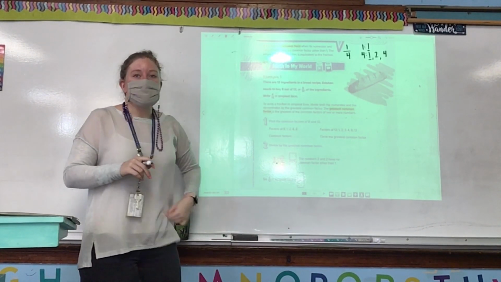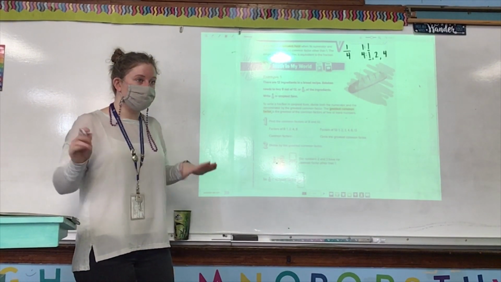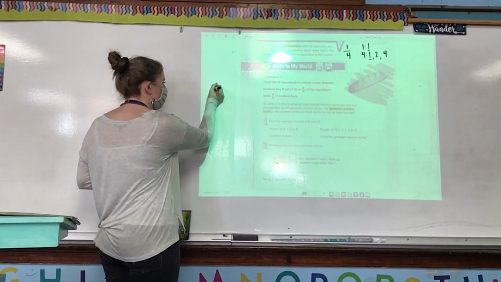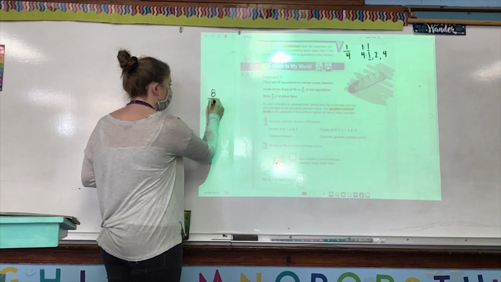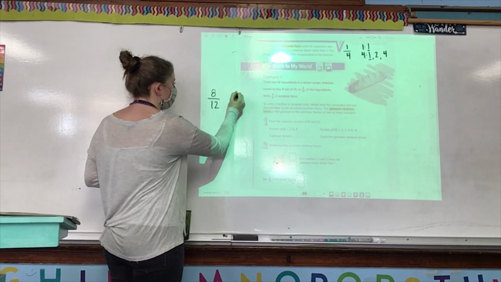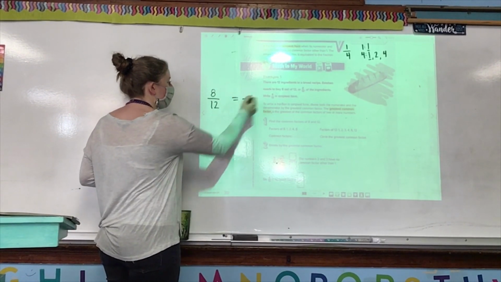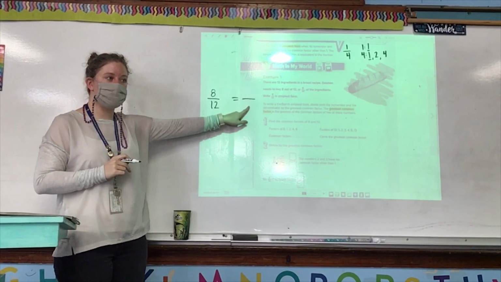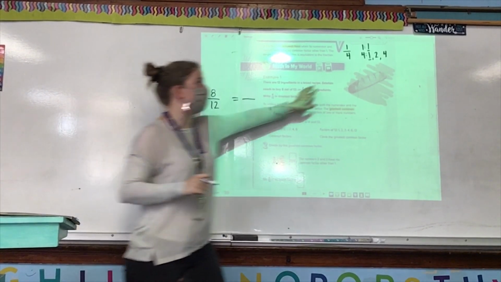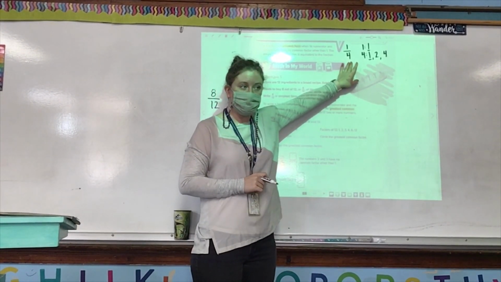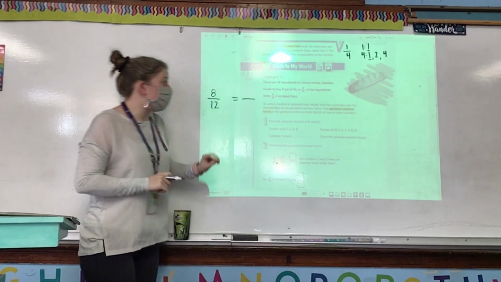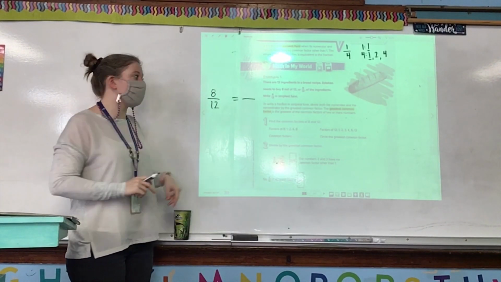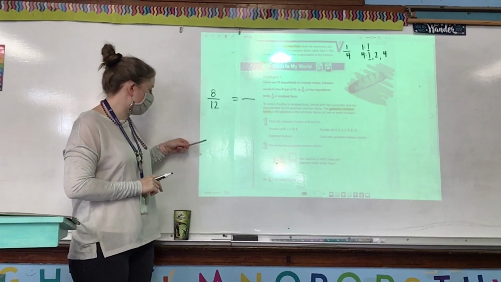Write 8/12 in simplest form. So that means we have to take 8/12 and figure out what it equals so that the numerator and denominator only have 1 in common, like 1/4.